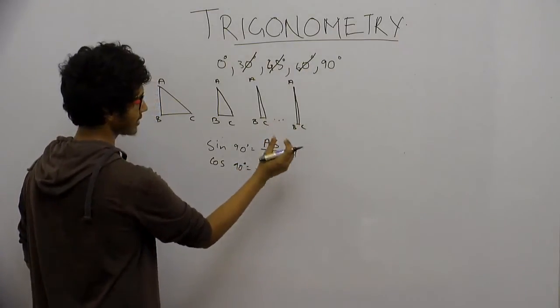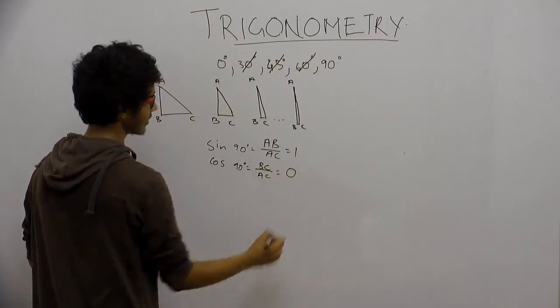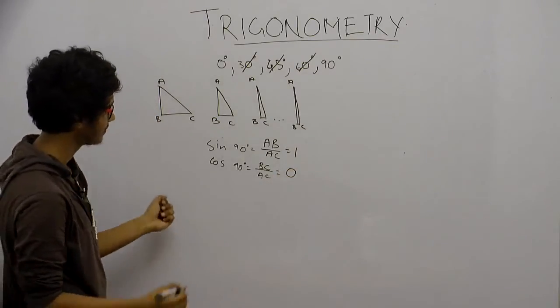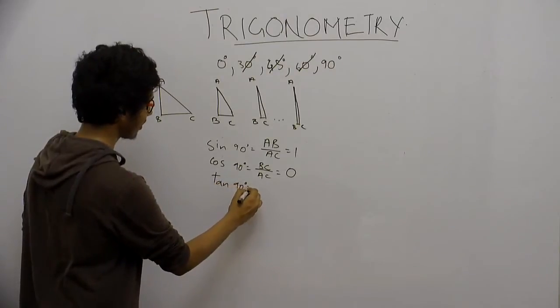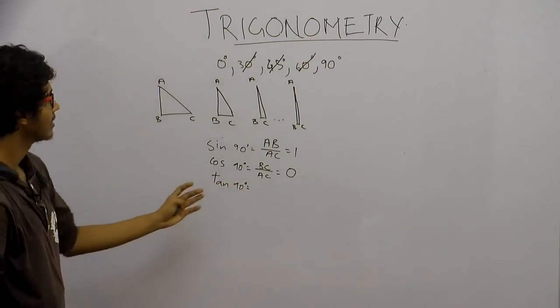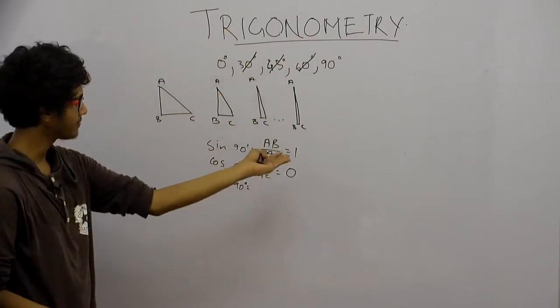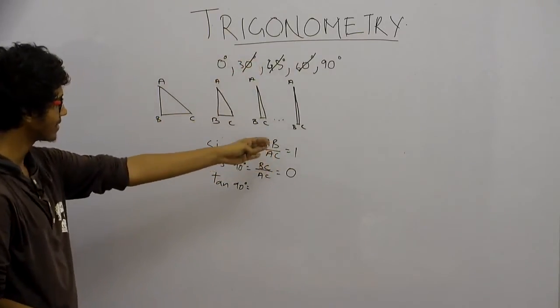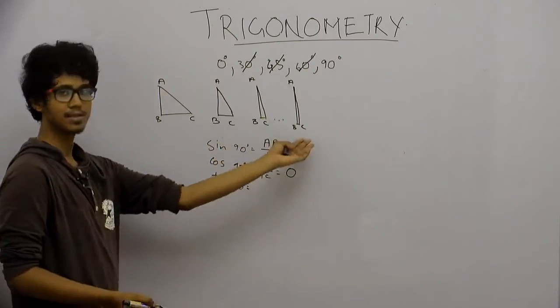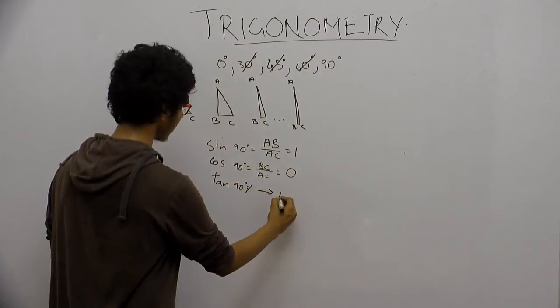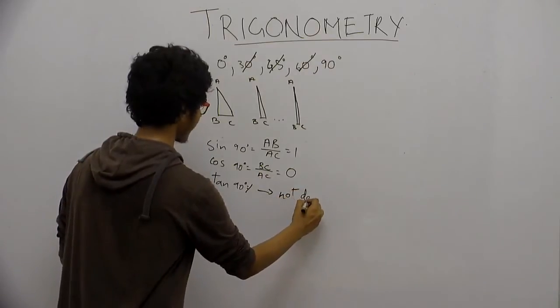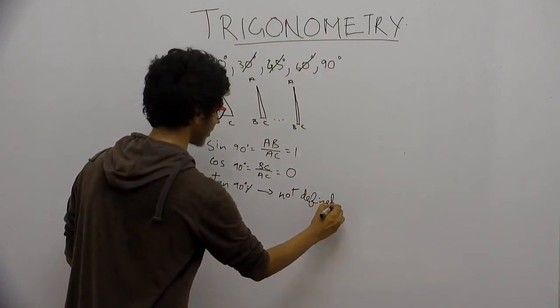BC is almost 0, negligible, so cos 90 will be 0. And tan, in this case, will be AB by BC. AB has some specific length, but BC is 0. So something by 0 is not defined. So we call it not defined.